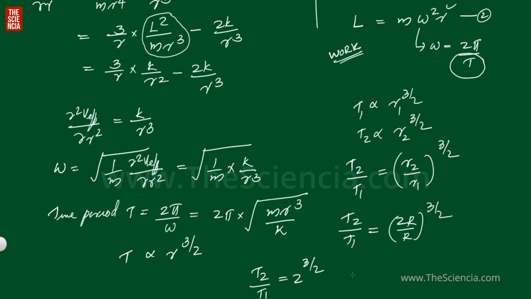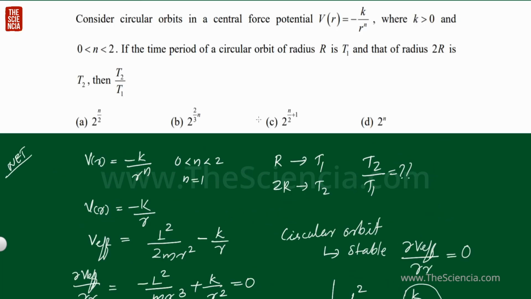And when solving this problem, we know n value is equal to 1. So now check the options, which one will give 2 raised to 3 by 2 when substituting n equal to 1. So that will be the answer. In option C, if you substitute n is equal to 1, you get 2 raised to 3 by 2. Okay, so the answer is option C.